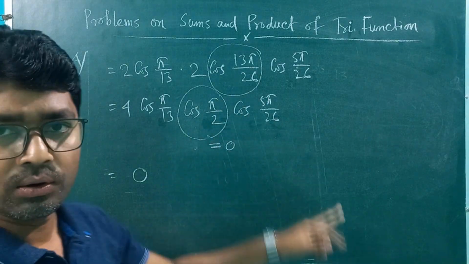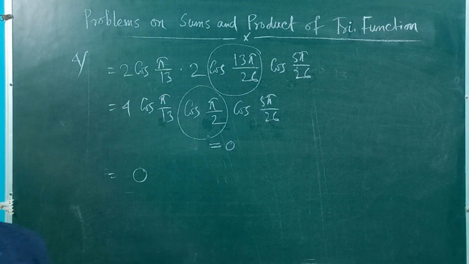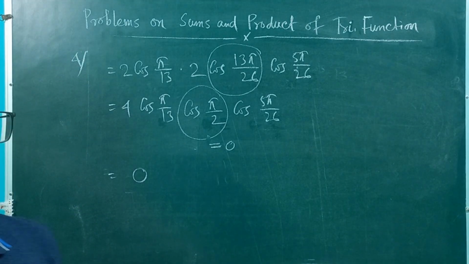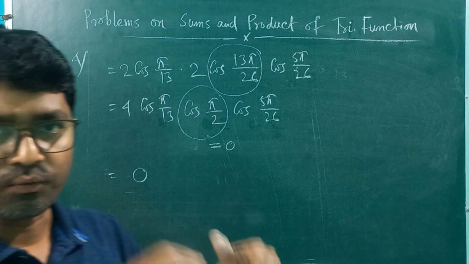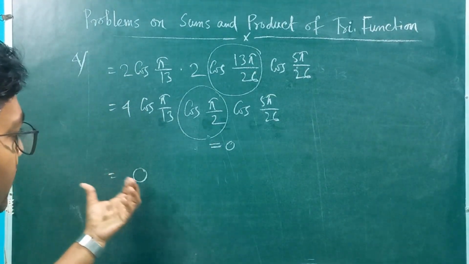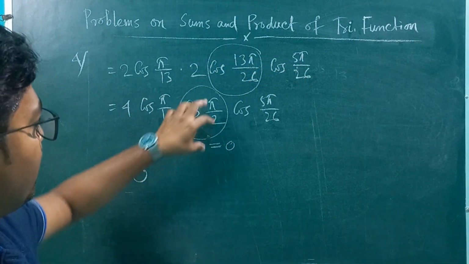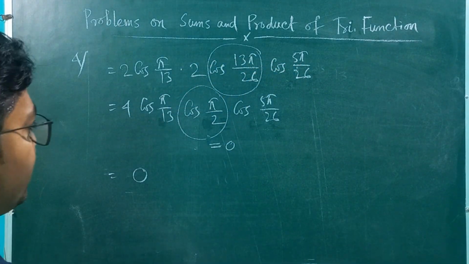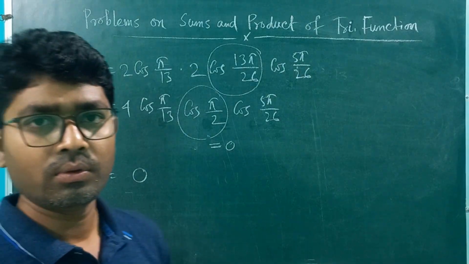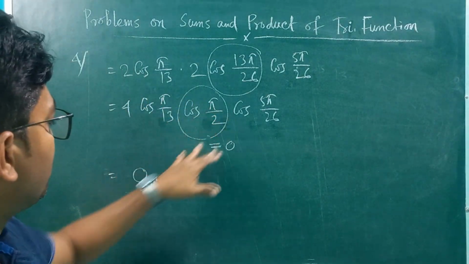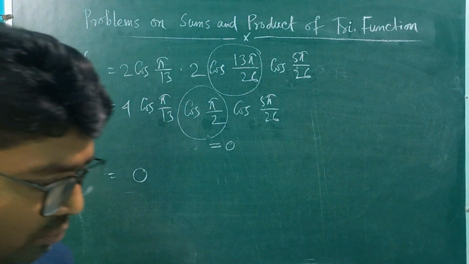So in this way we will calculate the problem. First I convert the sums into product, then I take the common, then again I apply the sums into product, and I have got our vanishing term cos pi by 2, then the required result becomes 0.